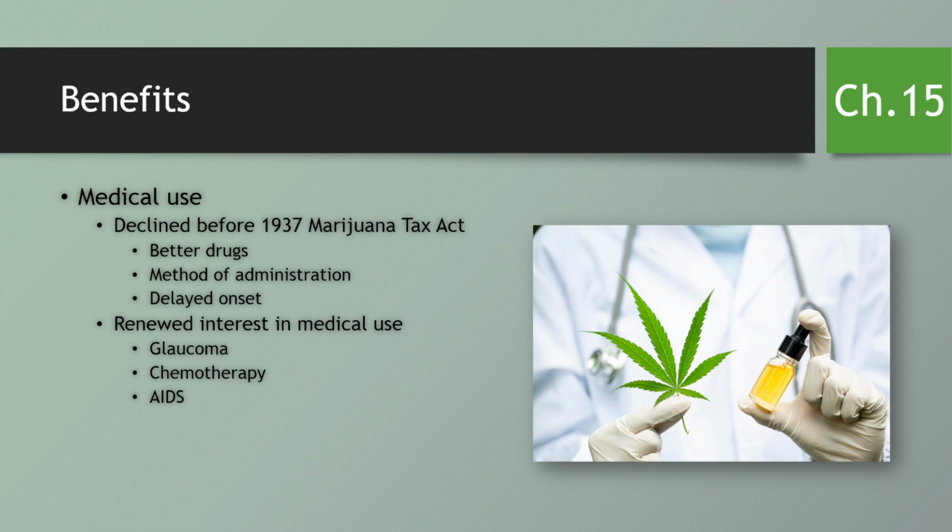Whereas many of these other drugs for the medical use side of things could be injected, right? Marijuana isn't able to be, because it's not water soluble, so it can't be injected that way. Because of that delayed onset of the oral medication and the danger towards the lungs of the smoking, these other drugs tended to be favored for medical use.